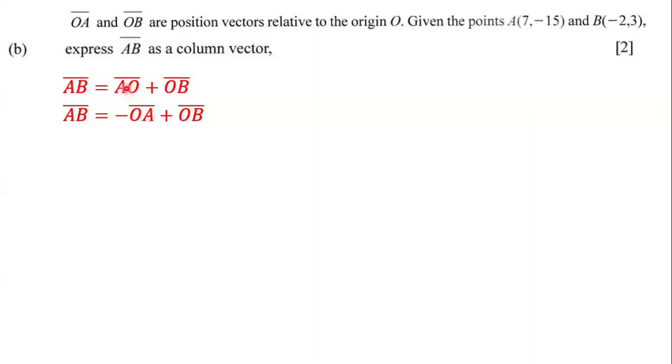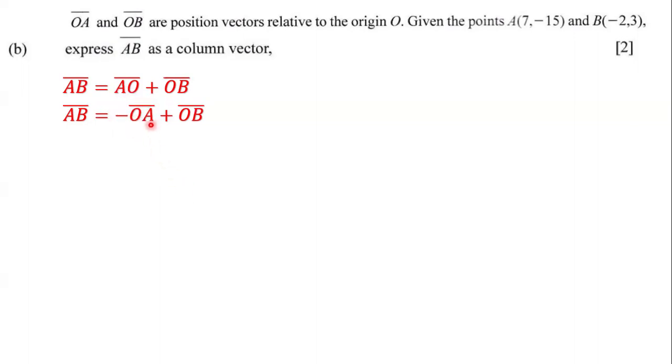But the penalty for switching the letters is that you have to put a negative sign out front. Otherwise, these two will not be equal. So what do we have now?